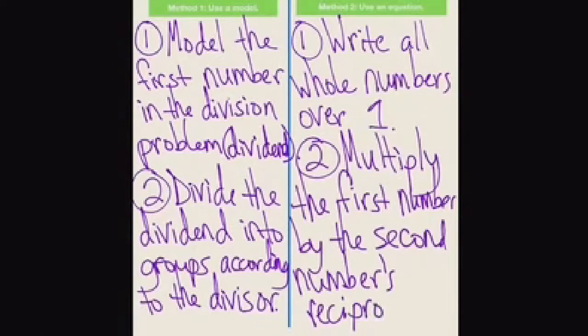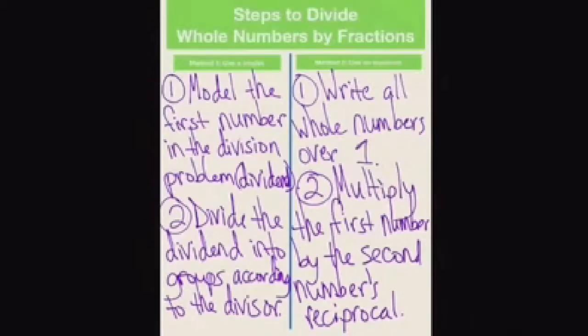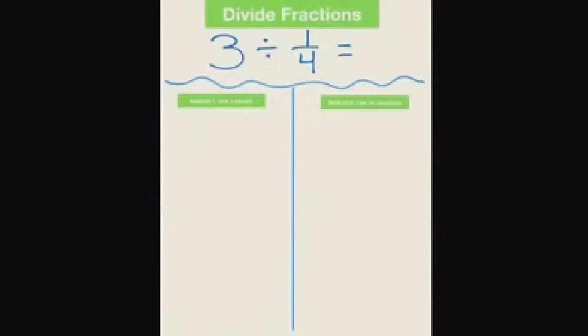So that's where that reciprocal is going to come into play. Okay, so yes, when we divide fractions, we're actually going to be changing them to multiplication problems to help us solve them.